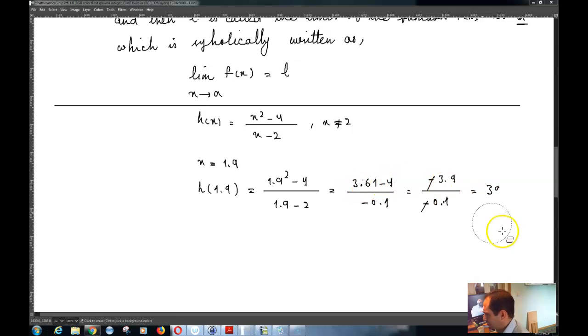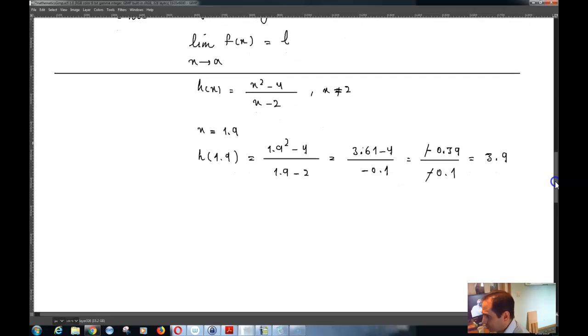No, I'm sorry, I made a mistake here. 4 minus 3.61, 4 minus 3.6 would be 0.4, so that's 0.39. So that's negative 0.39, and over here you have negative 0.1. And then times 10, you would get 3.9. So the value of the function at x equal to 1.9 is 3.9.